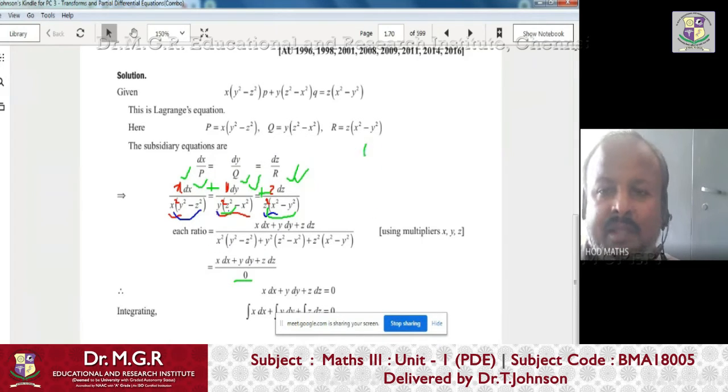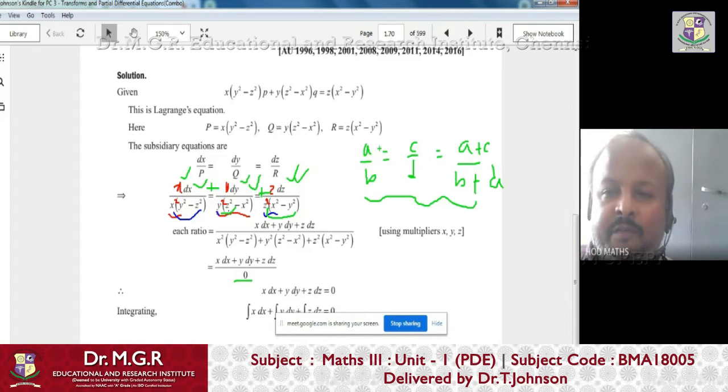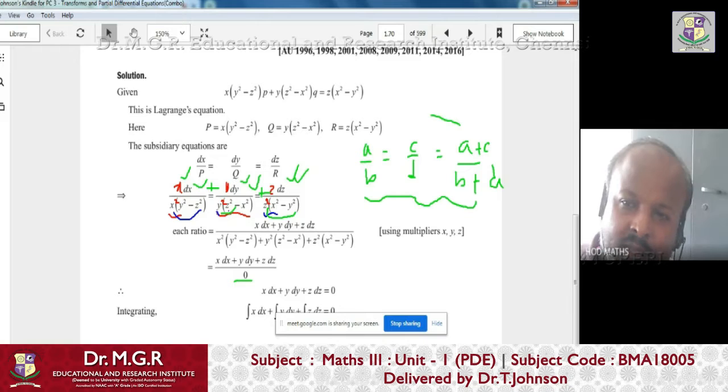But there is one thing in mathematics: if a by b is equal to c by d, then a plus c divided by b plus d is also equivalent to these ratios. So even if you add, the ratios remain the same and are equivalent to the original one.